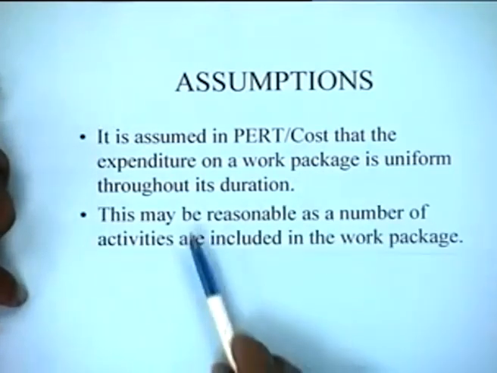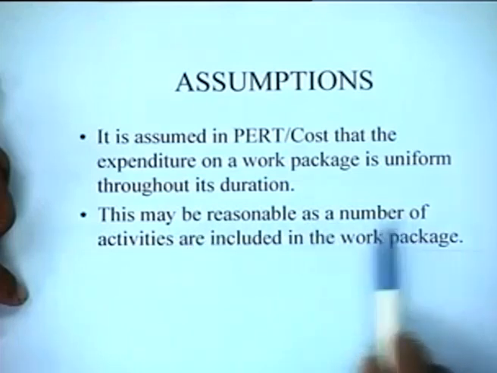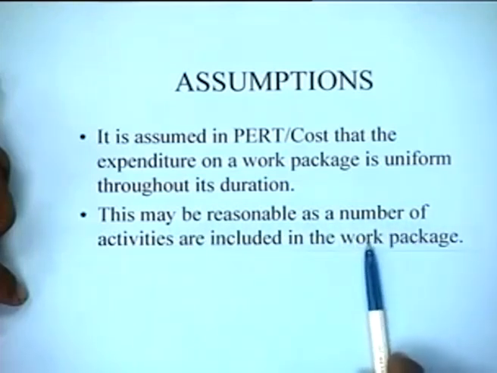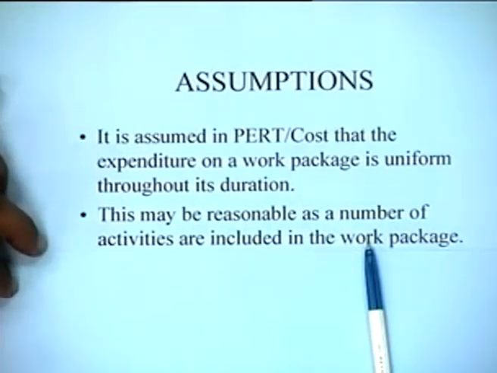So this particular assumption may be reasonable as a number of activities are included in the work package. So this is true, isn't it? When there are a number of activities included in the work package, so if there are 8, 10 smaller activities, some activity is finishing, the other activity is going on. So it is like a steady state situation.